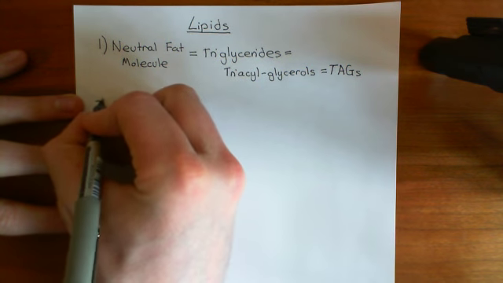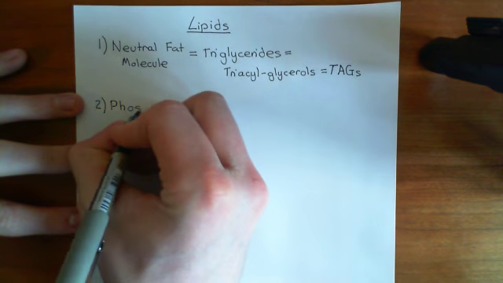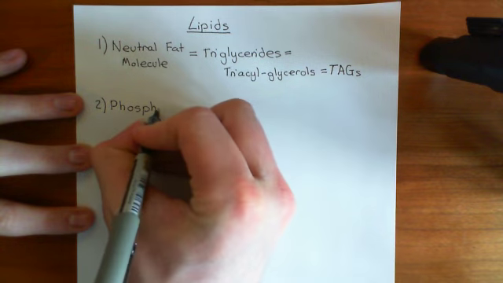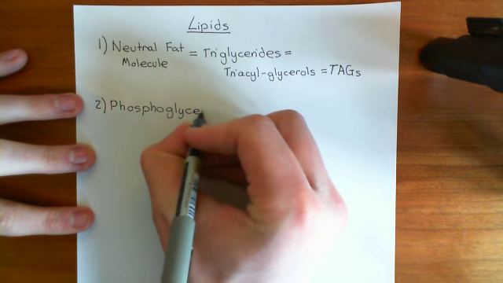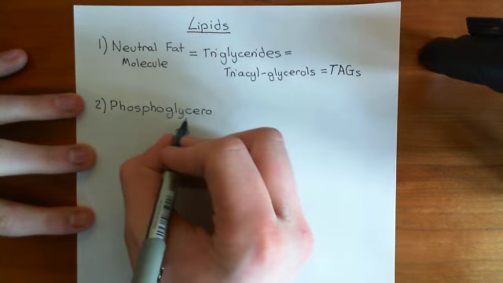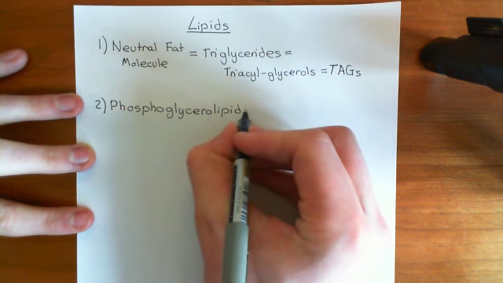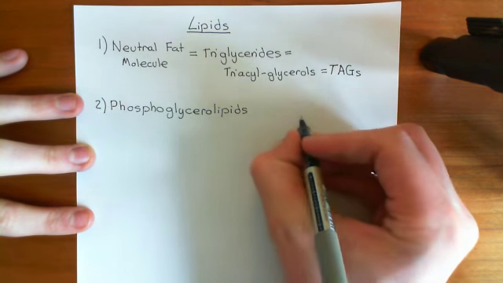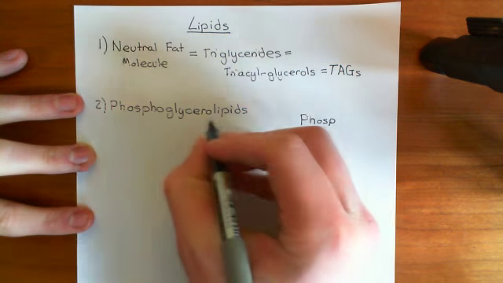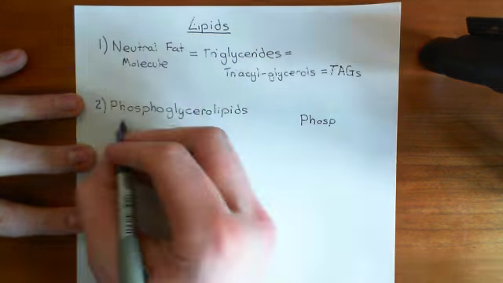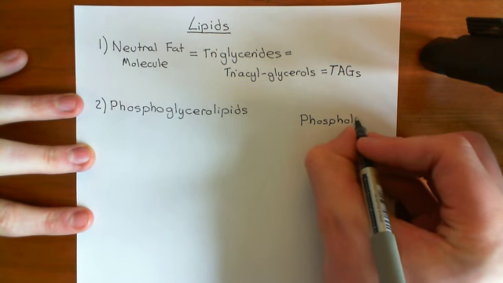The second type are what are known as phosphoglycerolipids. And when I say phospholipid, phosphoglycerolipids is probably what comes into your mind. So phospholipid is a broader word, as we'll see. All phosphoglycerolipids are phospholipids, but phospholipid is broader.